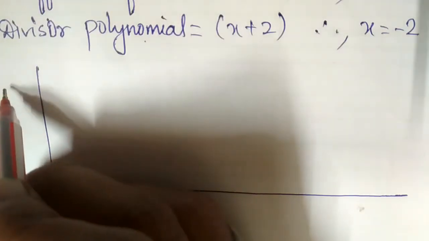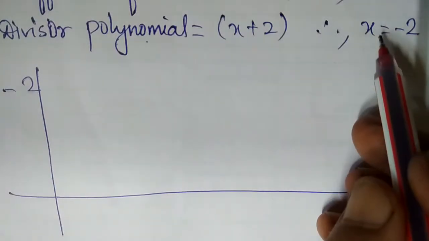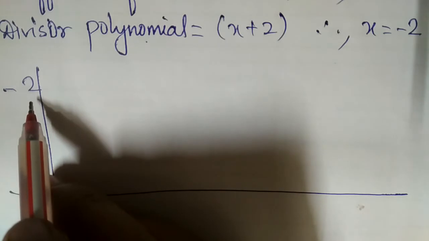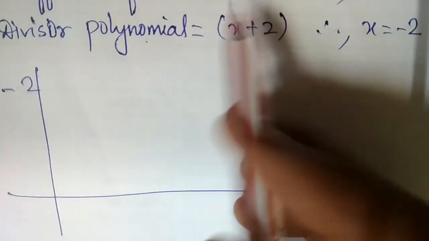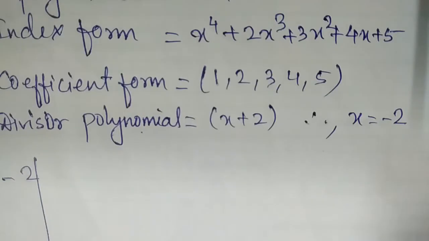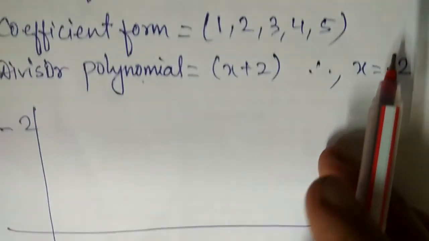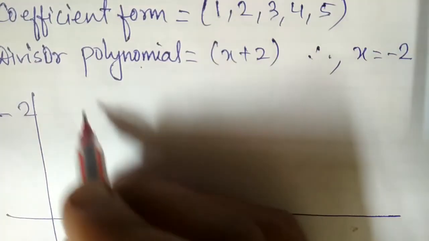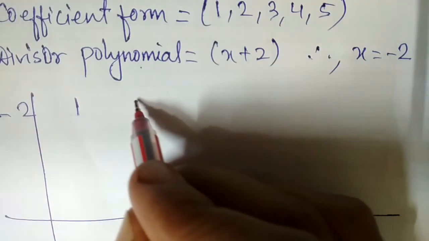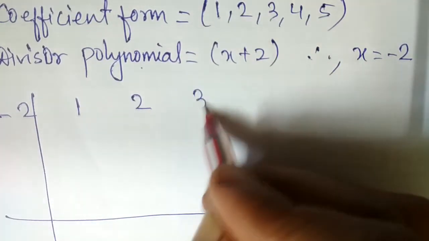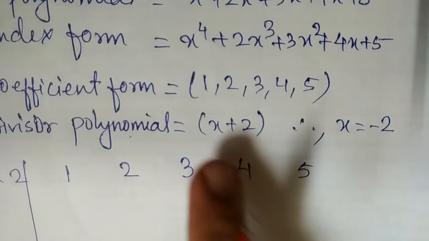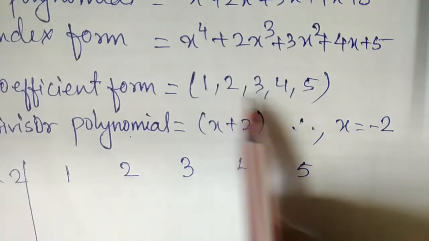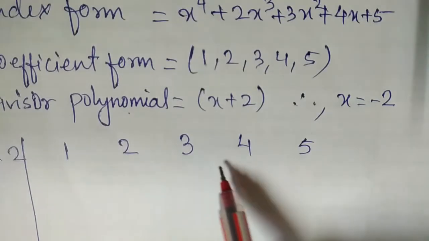First of all minus 2, that is from the divisor polynomial you will write it, and then the numbers we have written in the coefficient form we will write up. So here we will write 1, 2, 3, 4 and 5. The coefficient form you can see there, 1, 2, 3, 4, 5. So that only I have written.